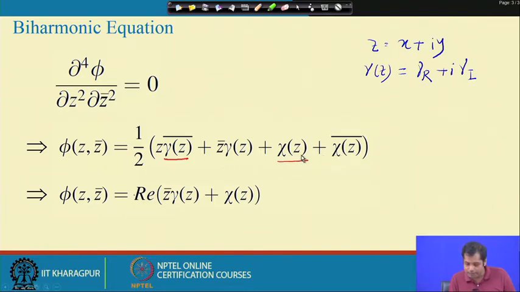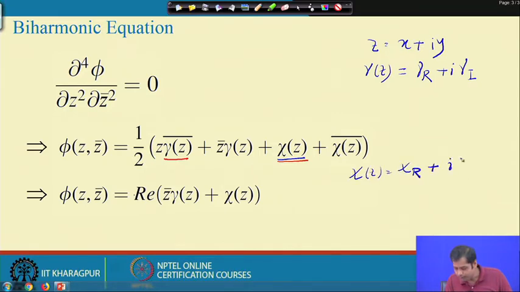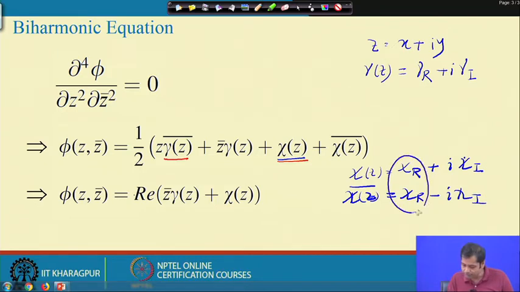Now, if chi of z can be written as chi real plus i into chi imaginary, similarly chi of z bar can be written as chi real minus i chi imaginary. If you add them, you are only left with the chi real part. The imaginary part goes, and essentially you have the real part. So, phi has to be real. Okay, so this is for phi.